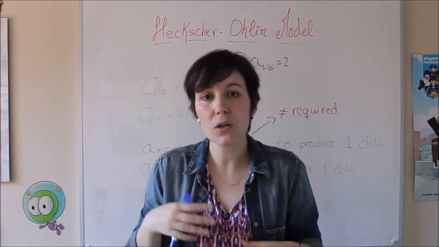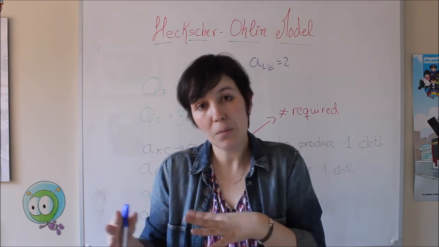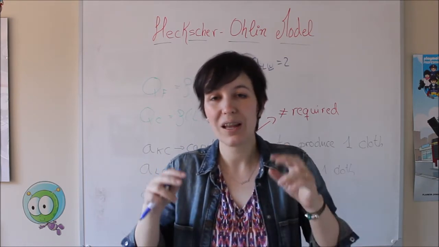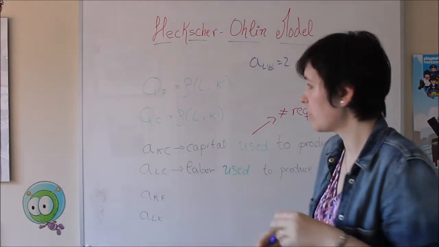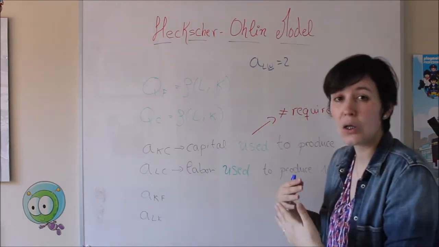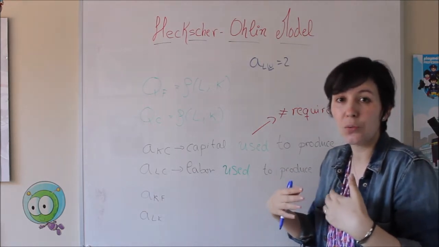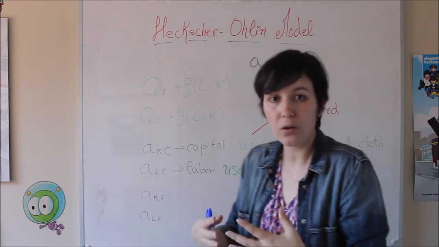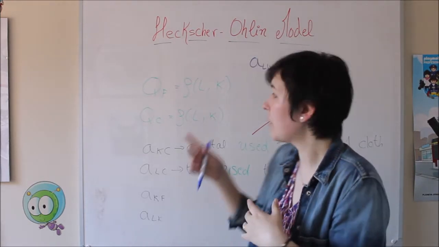In fact, we are going to talk again about labor and capital requirements. But they are not going to be so much requirements, because now we can choose. So it's not going to be something that you really need. Now the production of one good is not the same as in the Ricardian model.